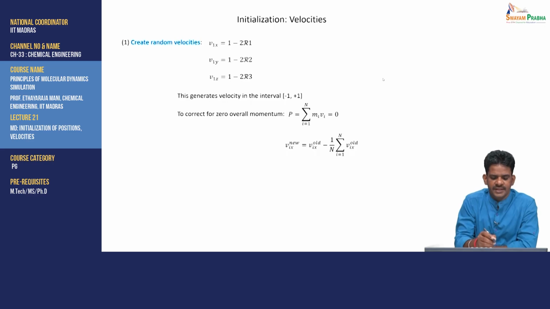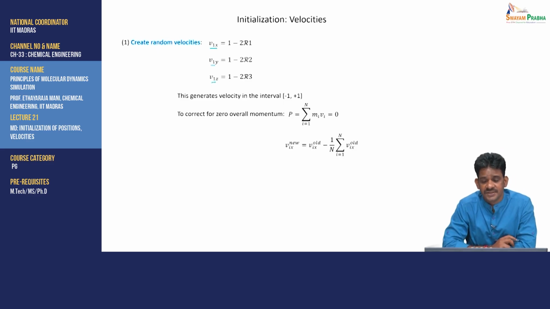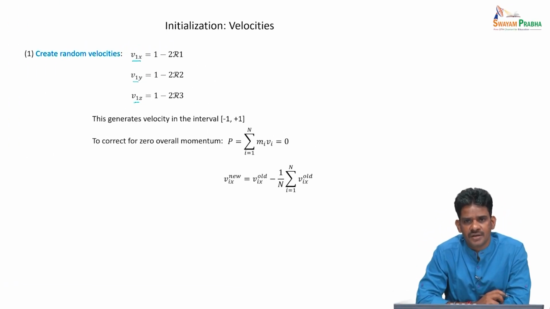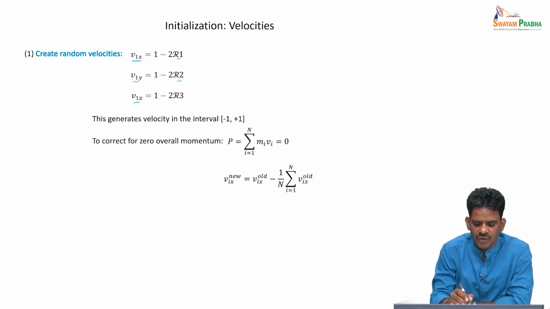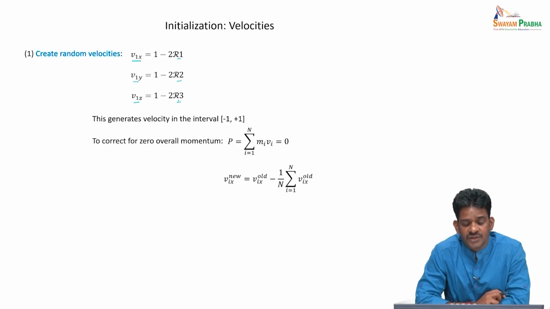One way is to assign the components of the velocity, v1x, v1y and v1z, as independent components using a set of random numbers r1, r2, r3. All these r1, r2, r3 are uniformly distributed random numbers in the limit of 0 to 1.